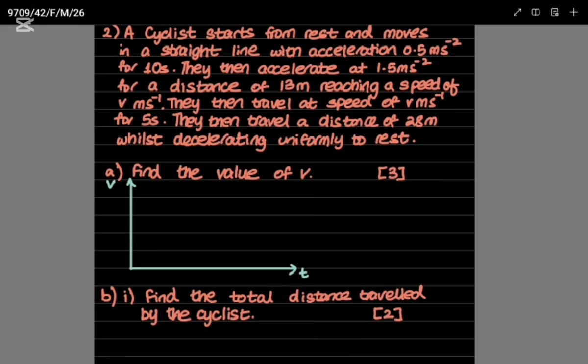They gave you acceleration, they gave you distance, and they gave you information about time and velocity. So four of the givens are given to you. Now velocity is given on the y-axis in a VT graph.